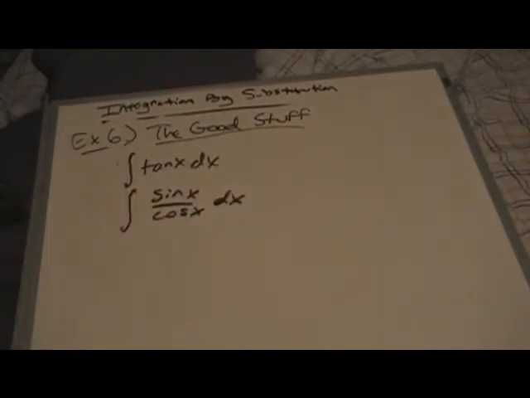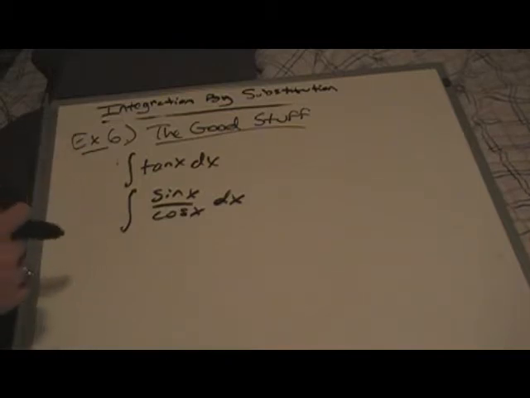Now it's actually solvable using substitution, and this is where it gets kind of hard and tricky, because you got to figure out what to set as u, so that this function becomes a nice little function that we can easily get the integral of.